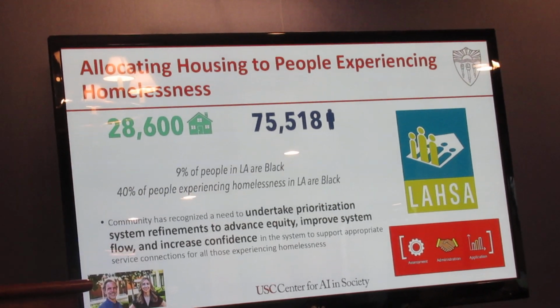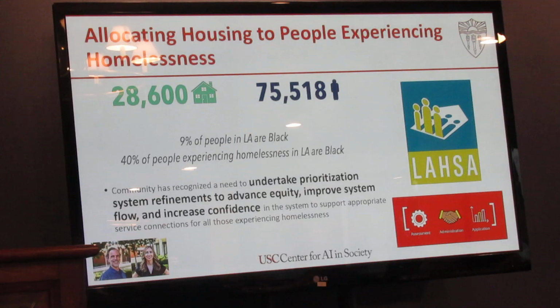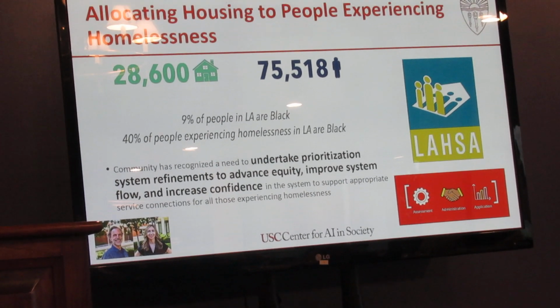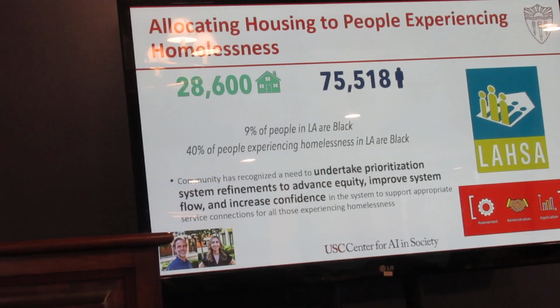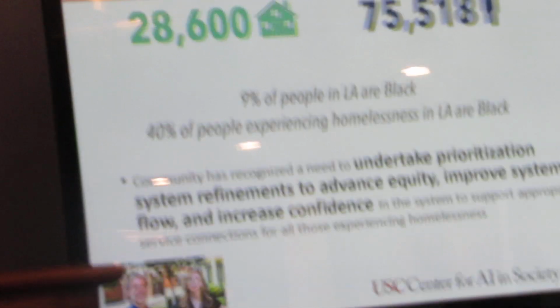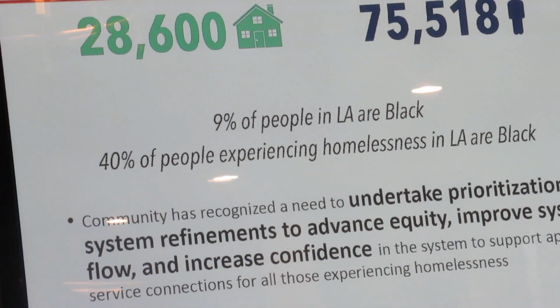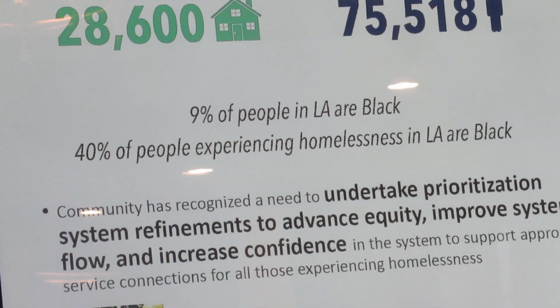For example, only about 9% of LA residents are Black, and yet 40% of the people experiencing homelessness are actually Black. So basically our focus is how can we use data-driven approaches to help do prioritization and allocation of these limited housing resources in order to advance equity and improve the system efficiency and impacts on alleviating this problem.